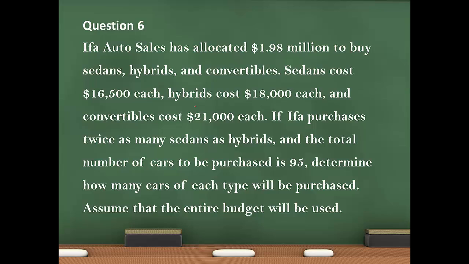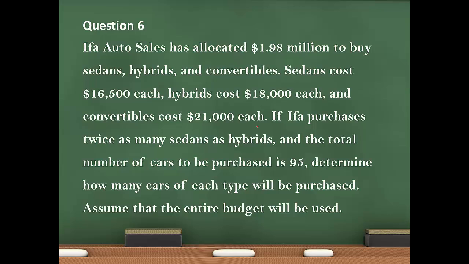Hybrids cost $18,000 each, and convertibles cost $21,000 each. If IFA purchases twice as many sedans as hybrids, and the total number of cars to be purchased is 95, determine how many cars of each type will be purchased. Assume that the entire budget will be used.